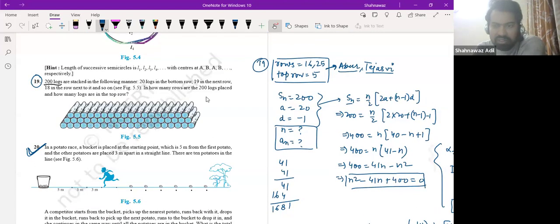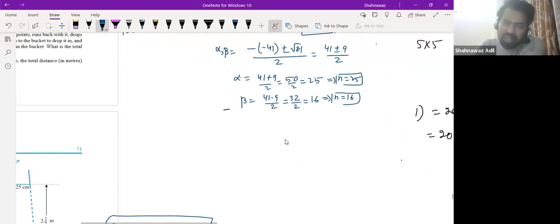The last row, that is an, we have to find out. So first, let us find out a25. a25 would be a plus 25 minus 1 into d. Here a is 20, plus 25 minus 1, which is 24.